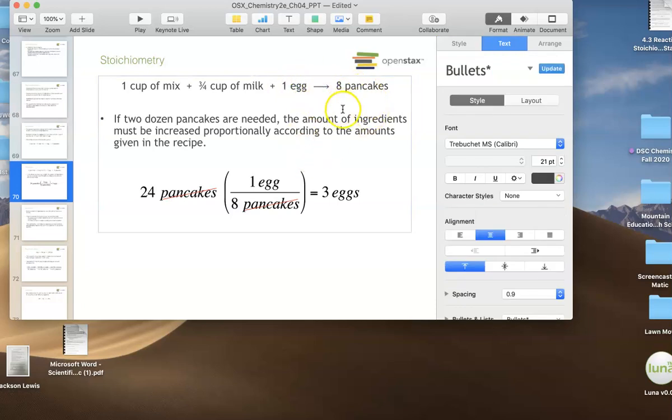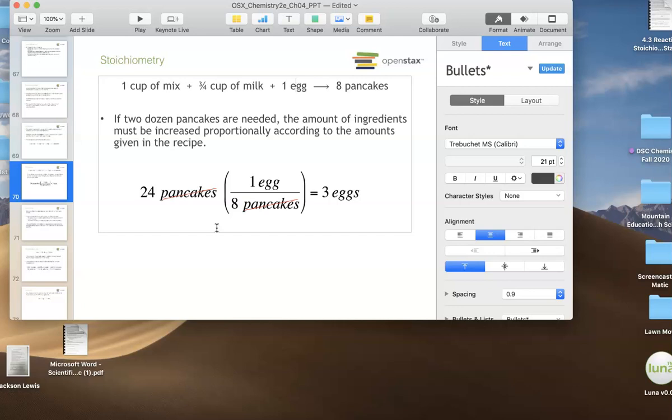If I want 24 pancakes, that's what I write. This is really over 1, so the 24 is in the numerator part of the fraction, and 1 would be in the denominator, to see how these numbers line up. That's important, because when you're doing the math, you need to know how to multiply these out.